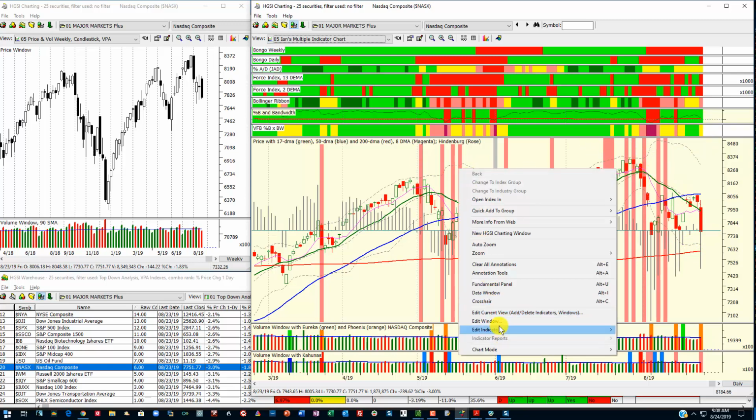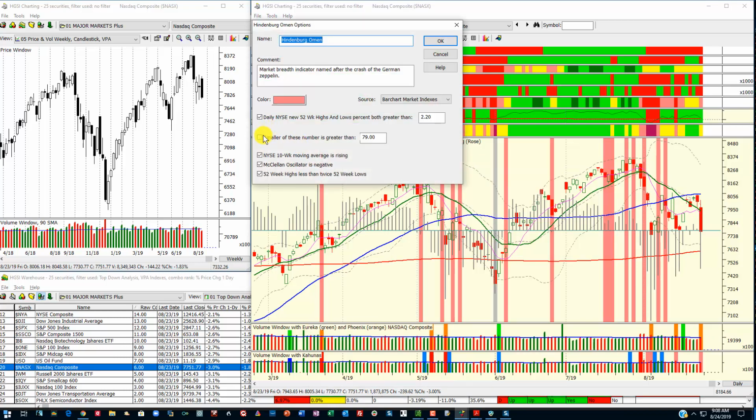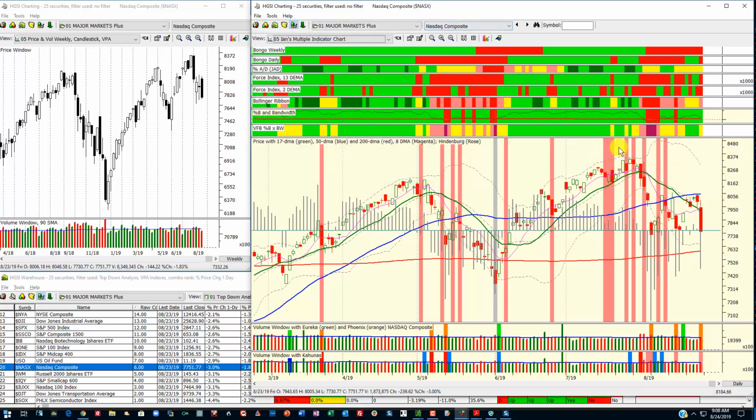By the way, the Hindenburg settings are, if you don't get what I get, we have deselected the smaller of these numbers is greater than 79, because it was affecting none of the Hindenburg signals were showing up, and they should have been. So a lot of valid Hindenburg signals in there.